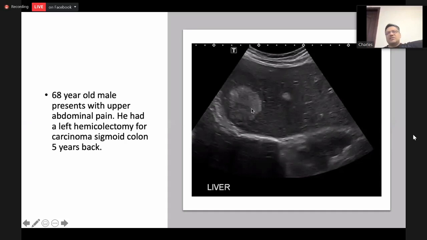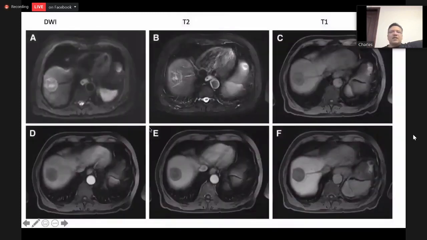These are hyperechoic lesions in the liver, and you order a CT, sorry, you order an MR. Whenever you are dealing with malignant lesions, something I want to highlight here is diffusion weighted images. In an MR you can have diffusion weighted images, and when there's a diffusion restriction, it's likely to be a malignant lesion.